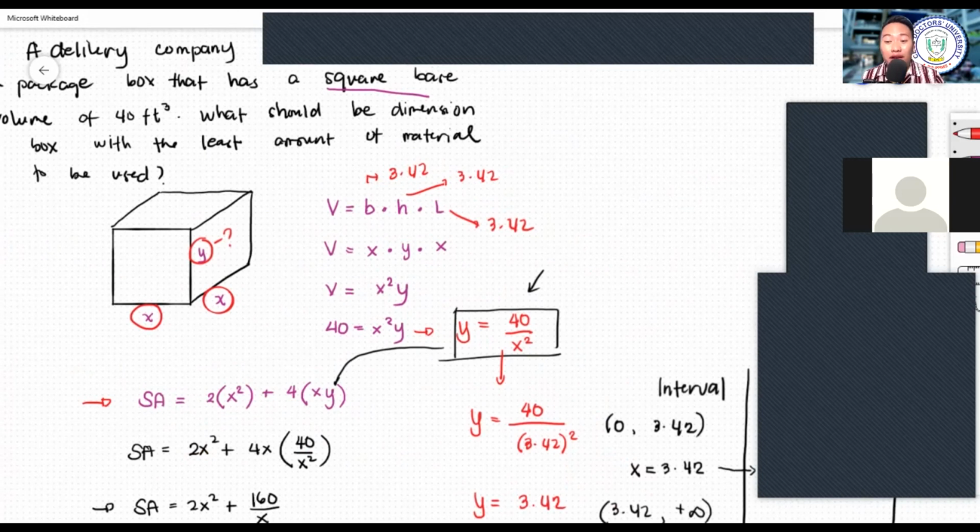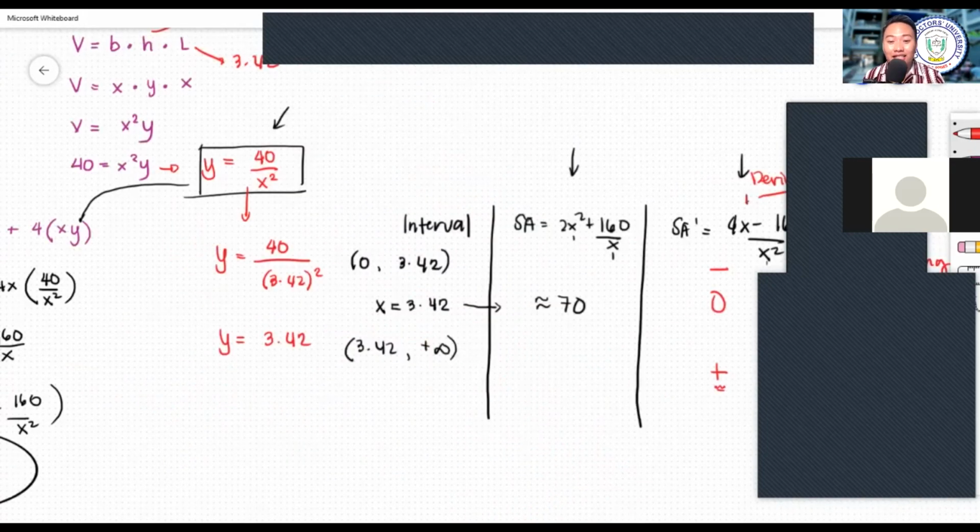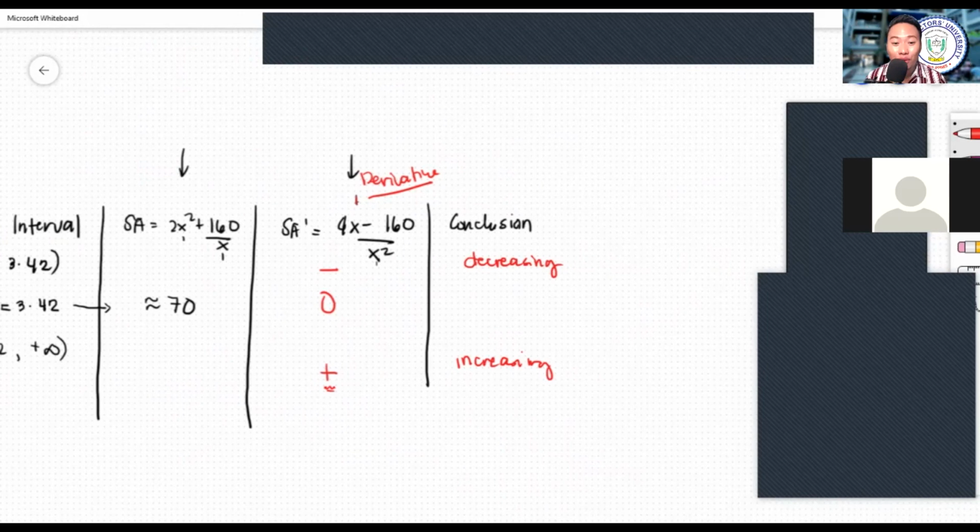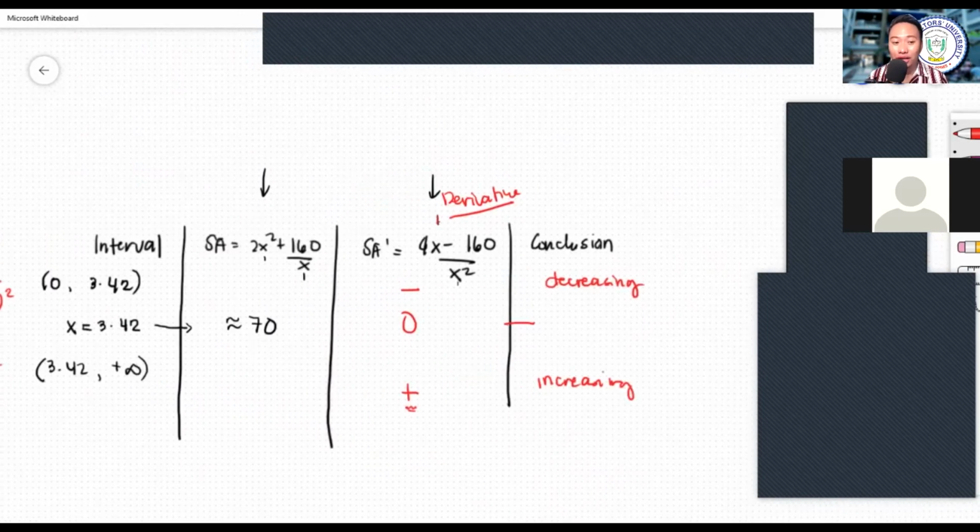In layman's terms, what dimension of the box will not exceed, increasing, and also not fall short, decreasing. Got it? That's why the answer is this portion here, and that's why our x is equal to 3.42.